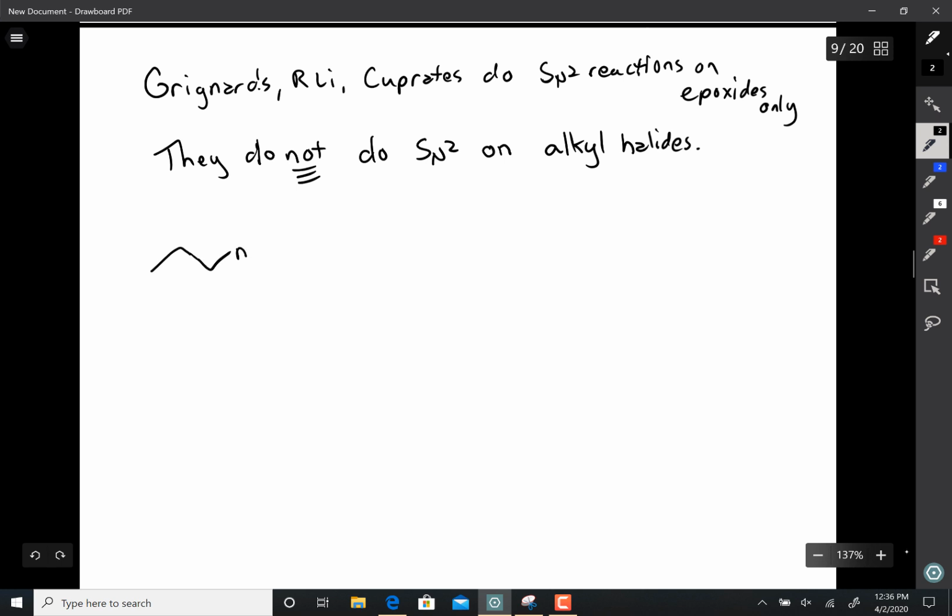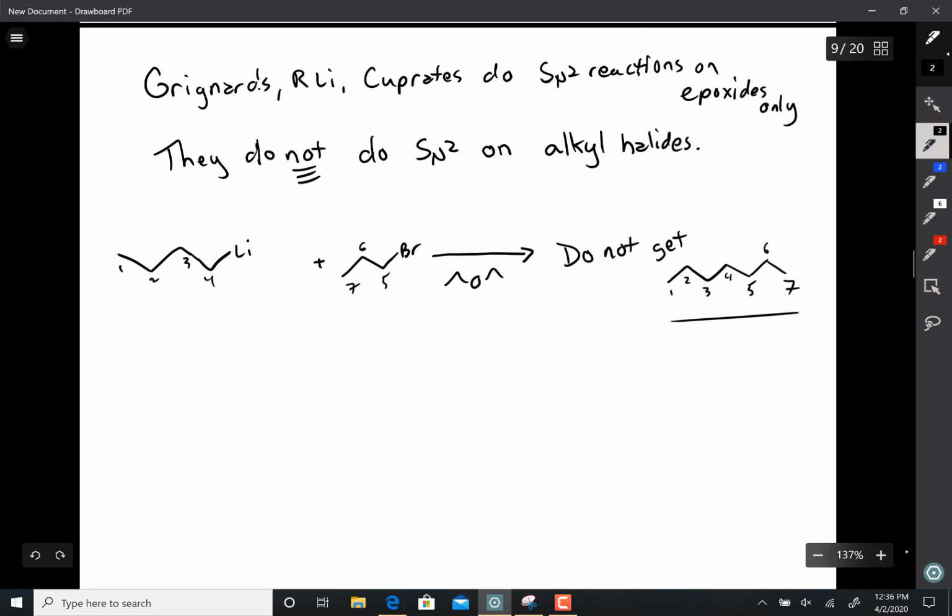What I mean by that, if you have a Grignard, actually let's do an organolithium. Grignard's pretty much the same. Organolithium and that, in ether, you do not get that.